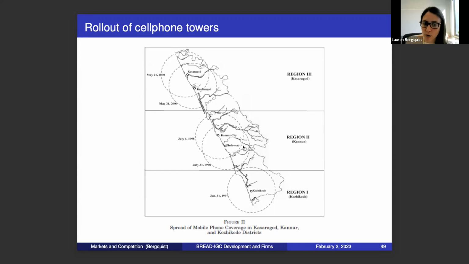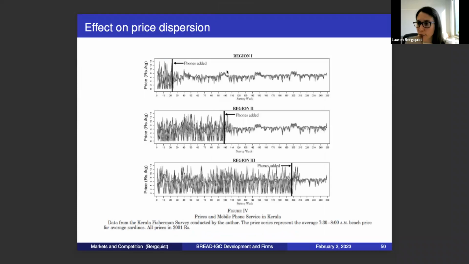Once these cell phone towers roll out, it becomes much easier once you're out here to say, well, maybe I won't go to my home market that day. I'll go to the next one over if they've got low supply that day. So the reduction of this information cost through cell phones allows fishermen to better arbitrage. They end up going to different markets, and you see much smoother supply. As a result, you see much smoother prices across markets.